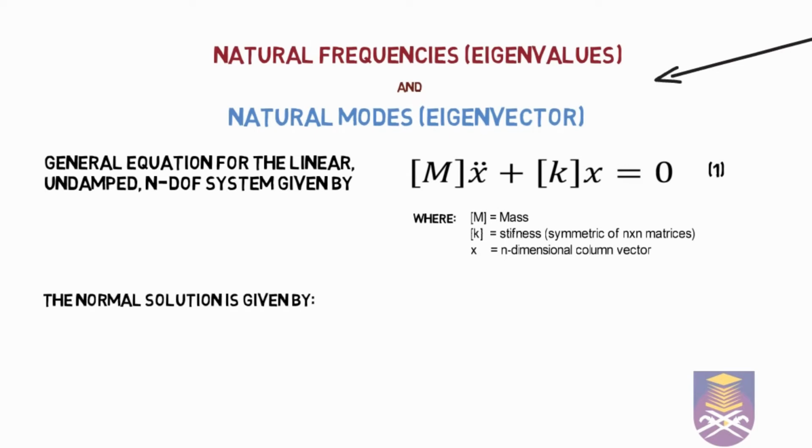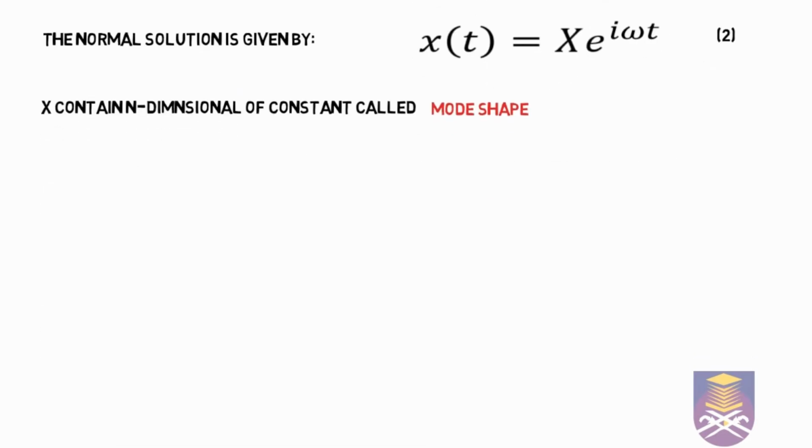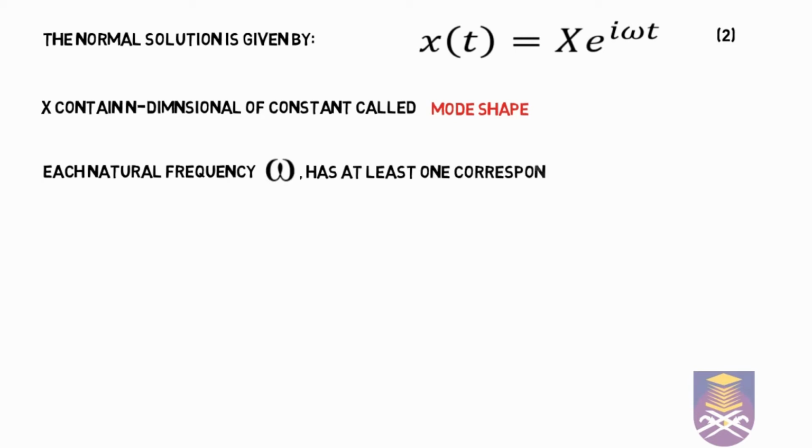The normal solution is given by x(t) equal to X e to the power i omega t. X contains n-dimensional constants called mode shapes. Each natural frequency omega has at least one corresponding mode shape.